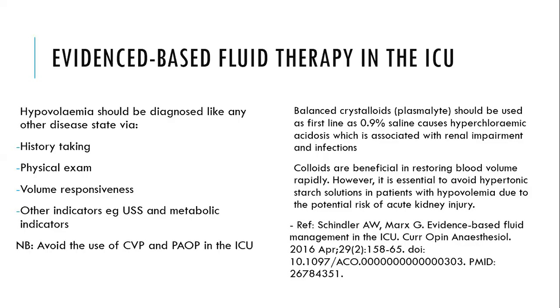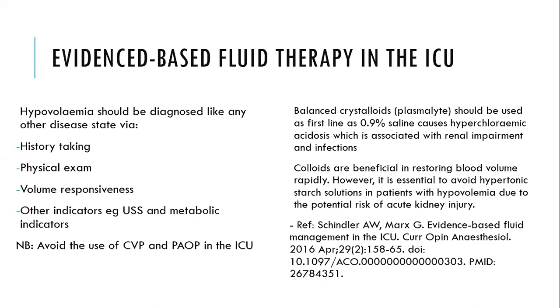I think it's good for us to look it up, where they said hypovolemia should be diagnosed like any other disease, by going through the systematic way of diagnosing, by history taking, physical examination, volume responsiveness, like we mentioned before, and other indicators like your dynamic measurements. But they said you want to avoid the use of pulmonary artery occlusion pressure because of the invasiveness of the pulmonary artery catheter. They are of the opinion that balanced crystalloids, your Plasma-Lyte, normal saline, Isolyte, should be used as first line. And I'm sure there have also been some controversies concerning this.